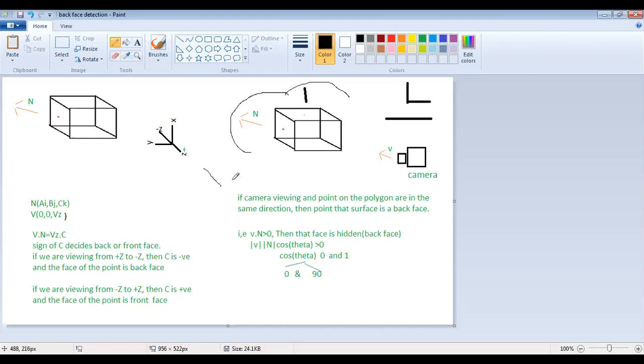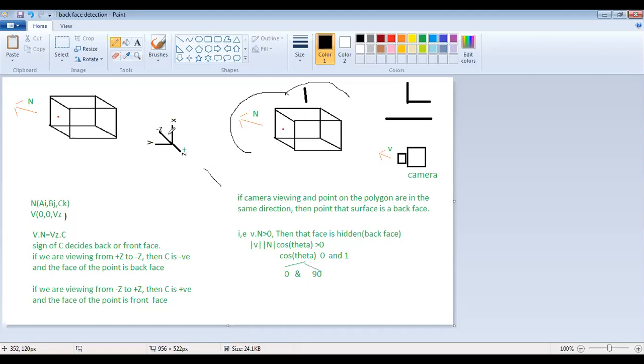This is the thing they consider in each and every textbook where they discuss three-dimensional viewing: whenever I am viewing anything in three dimensions, I will always be viewing it parallel to the z-axis.